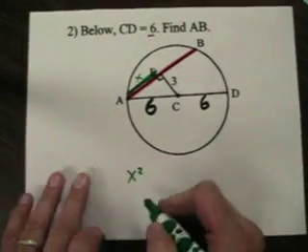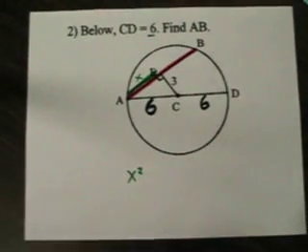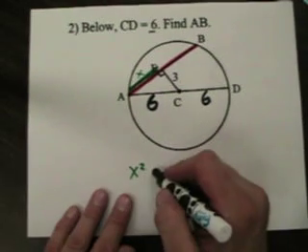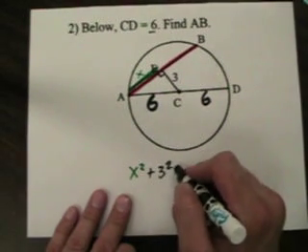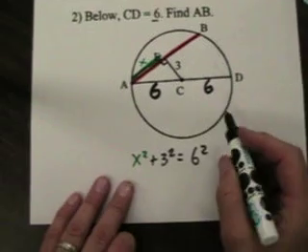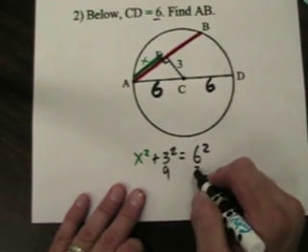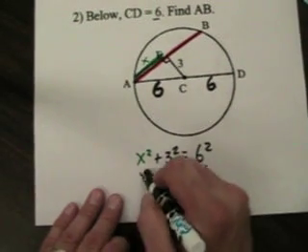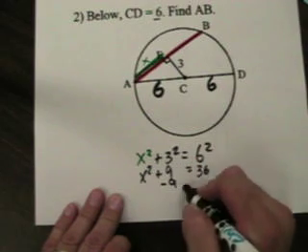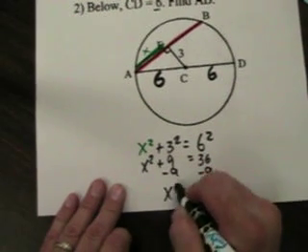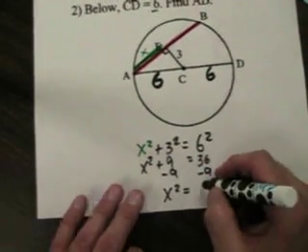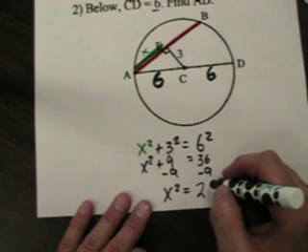X squared plus 3 squared should equal 6 squared. Let's see, that's 9, that's 36. Subtract 9. I'm going to get x squared should equal 27.